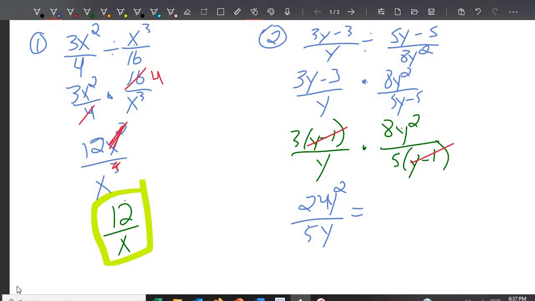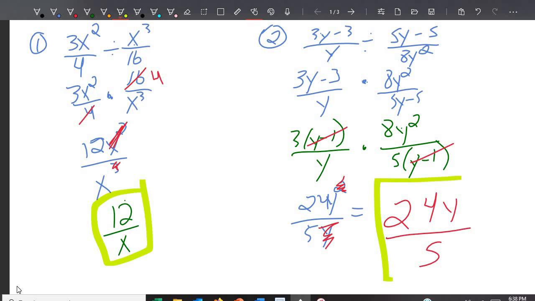Now again, I can cancel this y in the bottom with one of the y's in the top, and we're just left with 24y over 5. So this is the final answer.